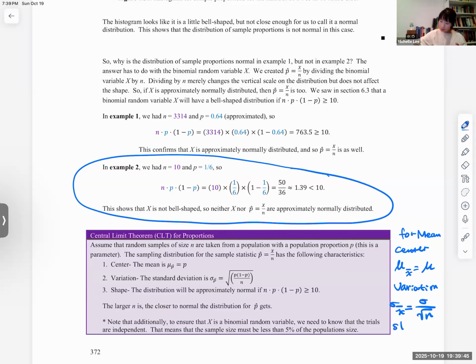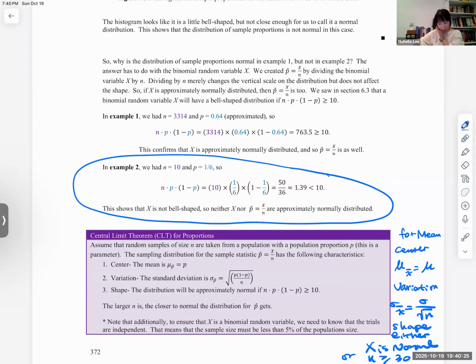And then the shape: either the original x is normal, or we check the sample size. The n must be greater than or equal to 30, and then it's a normal distribution. We have to have a normal distribution in order to use the StatCrunch normal calculator.